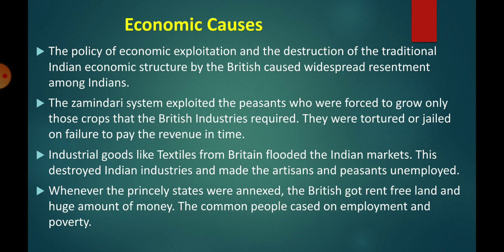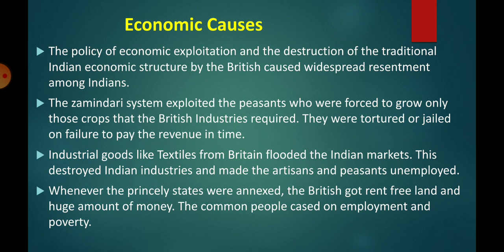The Britishers exploited the Indians economically, and they knowingly destroyed the traditional Indian economic structure. These things also gave anger to the people, because every section of people was exploited economically by the British policy. The Jamindari system exploited the peasants.